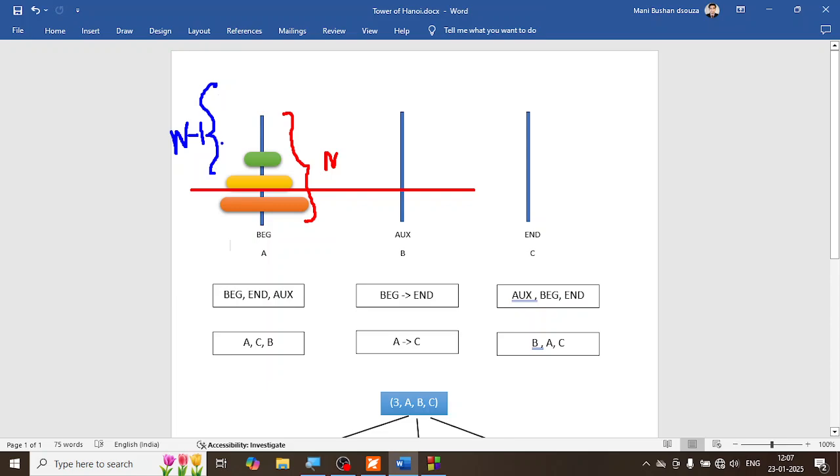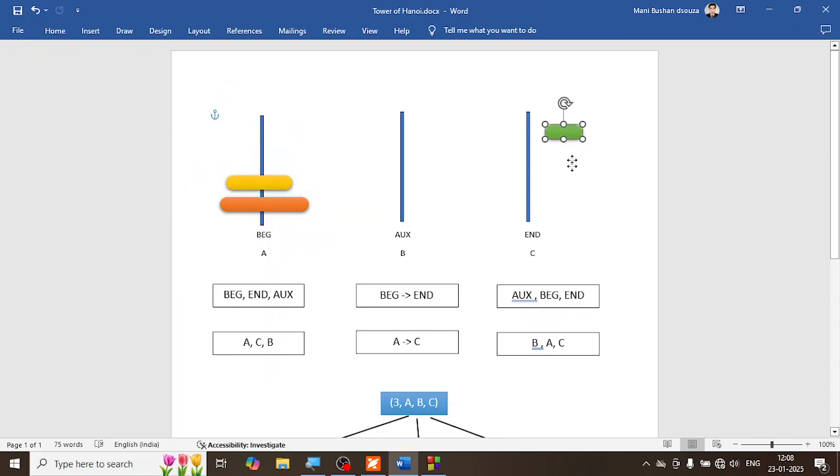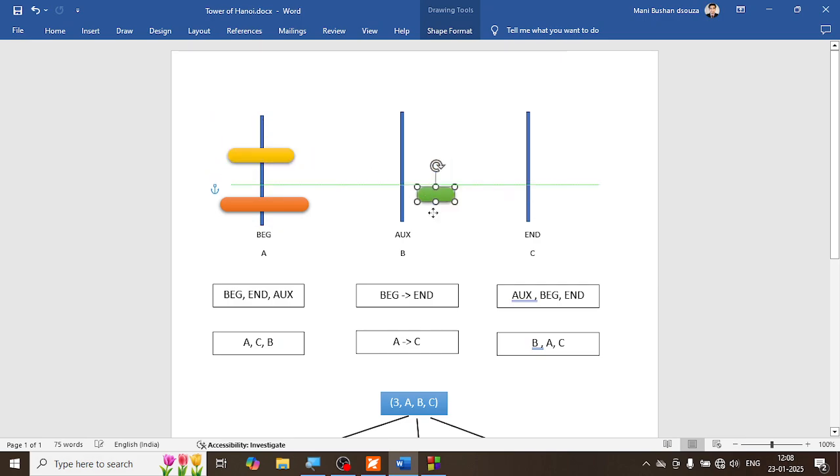Remaining all the disks, somehow you shift them here, use the auxiliary disk for temporary adjustment. First you get it here, then you get it here, then get it back to here, and do whatever tricks that you want. Somehow these n minus 1 disks, take them from here.